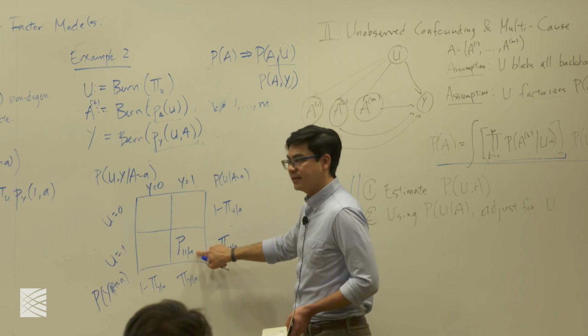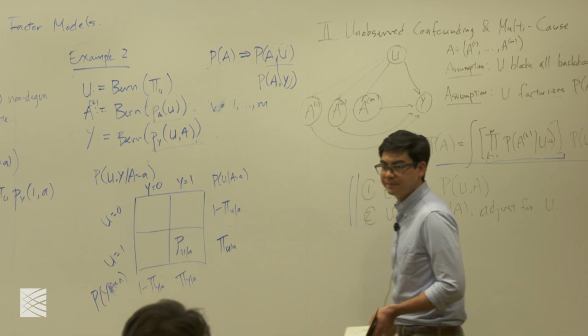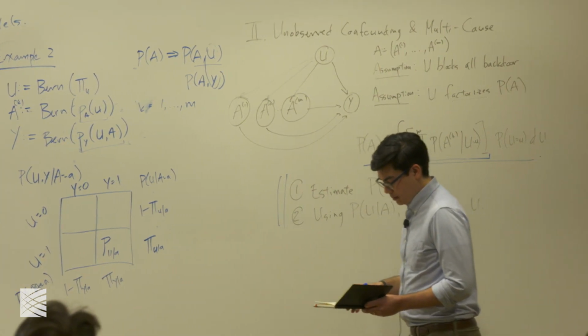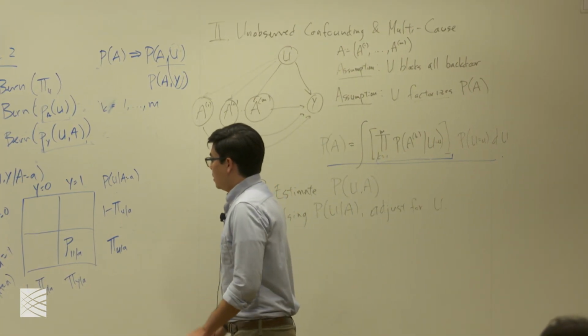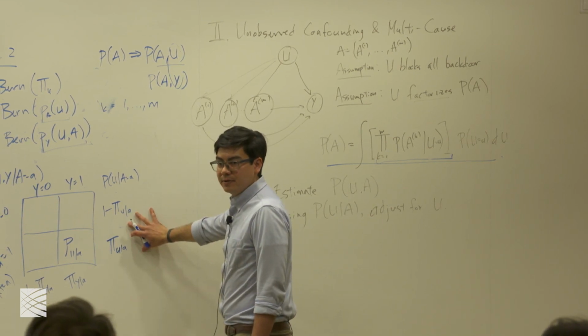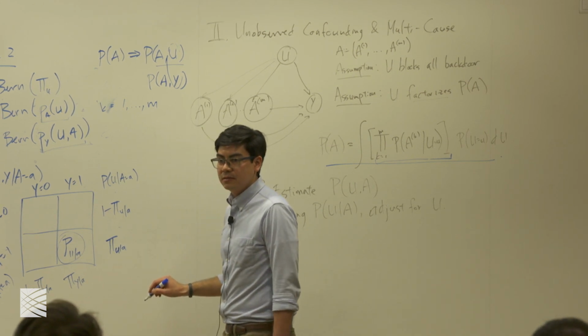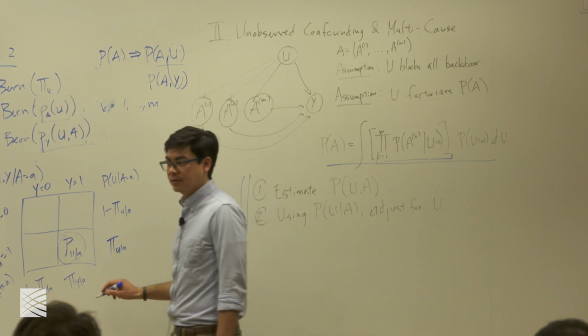If we set this particular value to something in that range, then it fixes the rest of the values in the table. Great. So we're going to look at a particular instantiation of this problem where we move this sensitivity parameter around, and we'll see what it does to our causal conclusions.